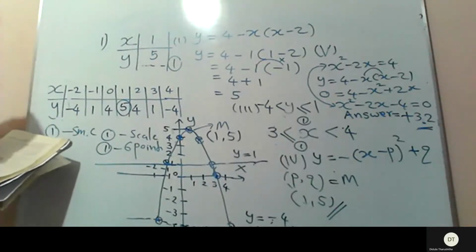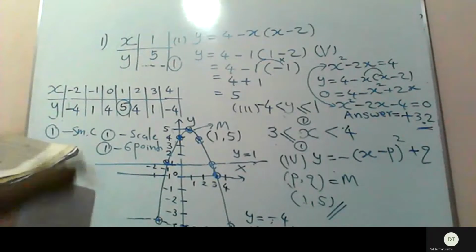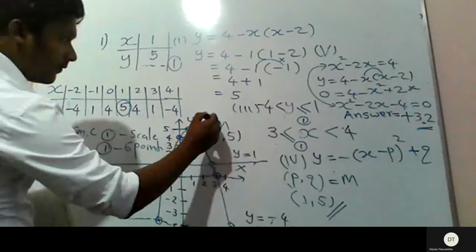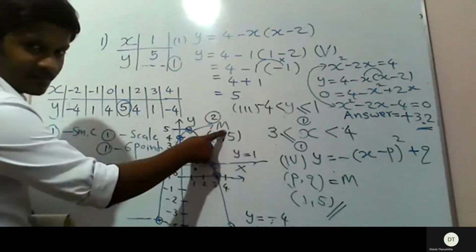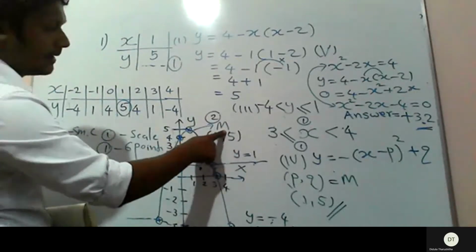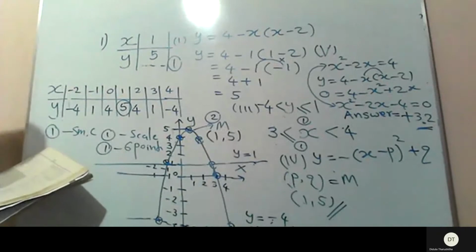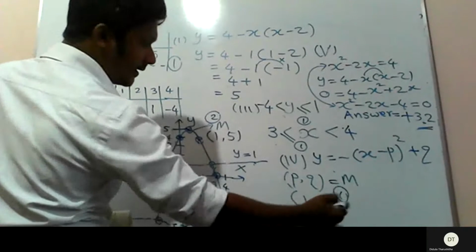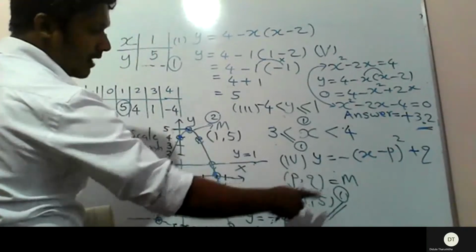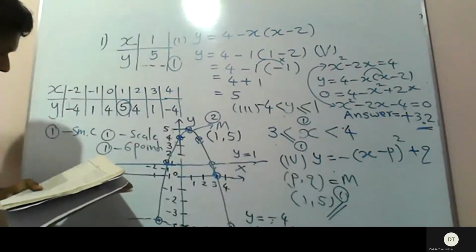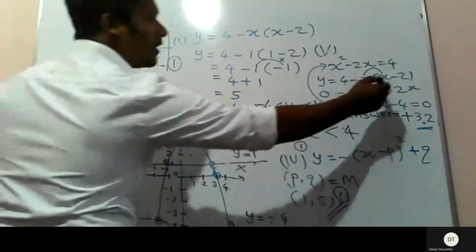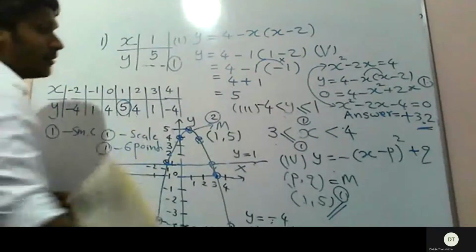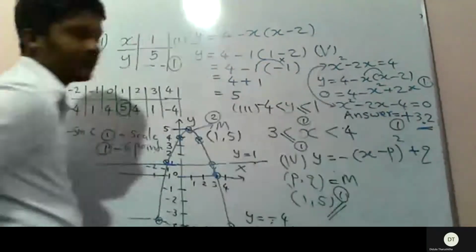Right, next one. 2 marks for this M. Then we mark 2 marks, and 1 mark for this answer M equal 1 comma 5, and 1 mark for this case, and 1 mark for 3.2.